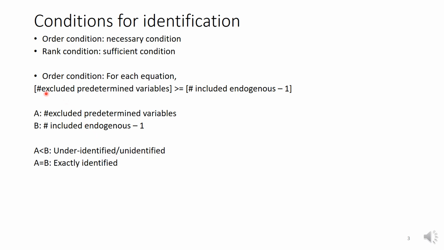If A is exactly equal to B, then your equation is exactly identified. If A is greater than B, then that equation is over-identified.